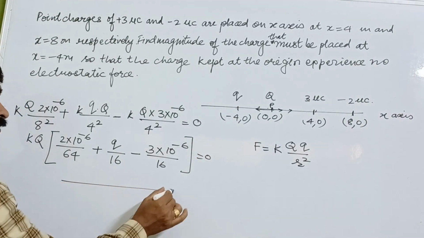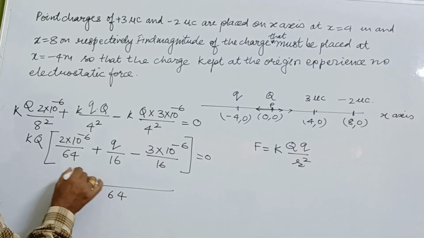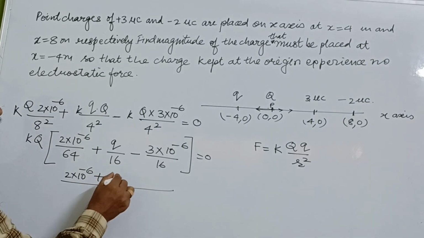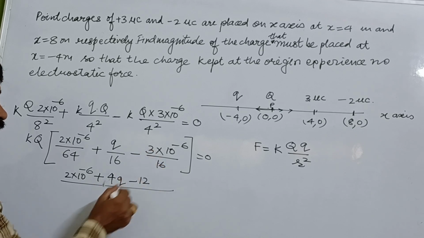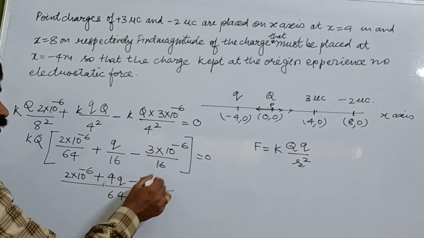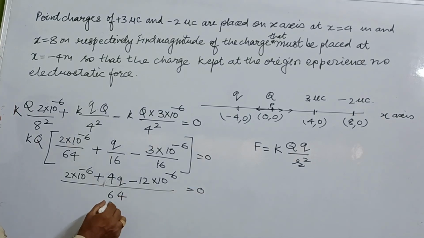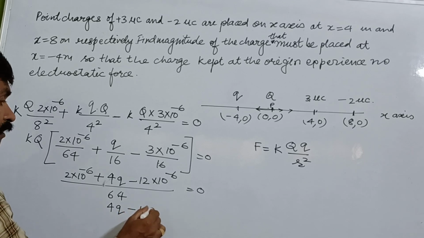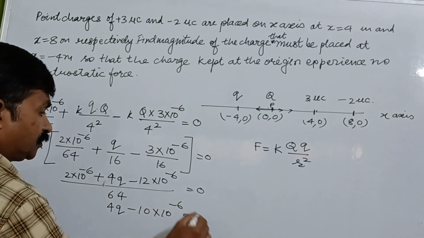Now, final simple calculation: 2 into 10 raised to the power minus 6 plus 4 times q, it is also 12 into 10 raised to the power minus 6, which is equal to 0. So 4q is equal to minus 10 into 10 raised to the power minus 6.